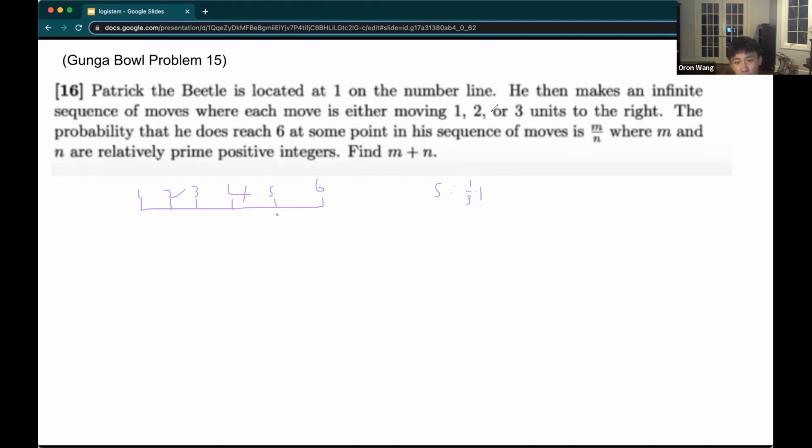And if he moves either 2 or 3 units to the right, a 2/3 chance of happening, then he'll skip over 6, and he'll never be able to go back to it, since you can only move to the right and you can't move back to the left. So in this case, the probability is 0 that he'll reach 6. So if you're at 5, the probability that he'll reach 6 at some point is 1/3.